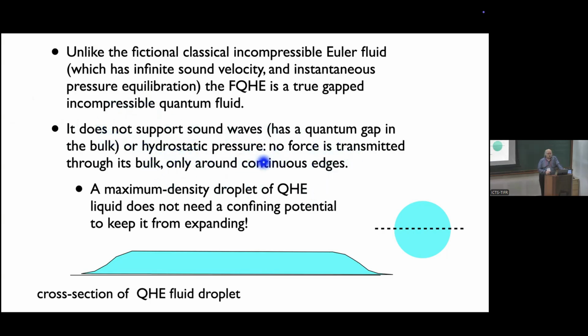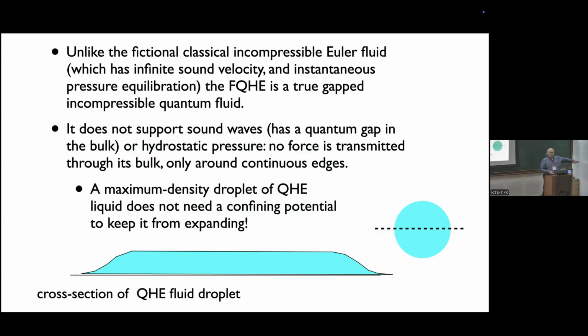This means the fluid does not support hydrostatic pressure. It does not transmit any force through its bulk, and the only way forces are transmitted is if you push it around the edge. So I can make a maximum density droplet of a quantum Hall liquid by taking this basis I described earlier, these concentric circles or ellipses, and filling them up to some particular radius. So I've got a nice little droplet of quantum Hall fluid.